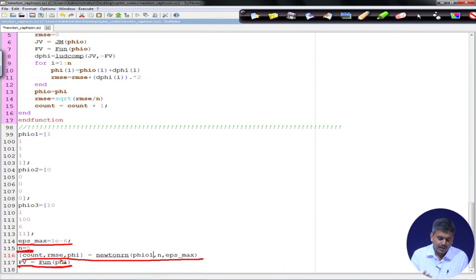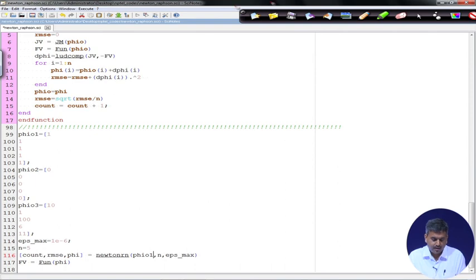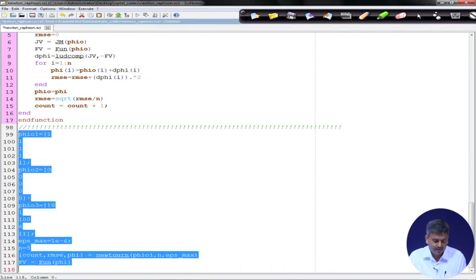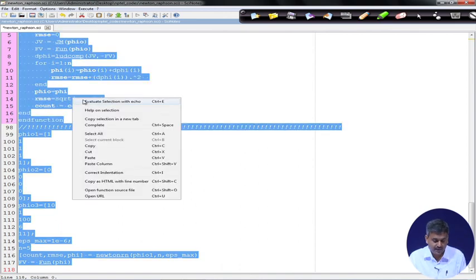If we calculate the function value at the solution, it should be close to 0. So, let us try this. We can select this and run it.